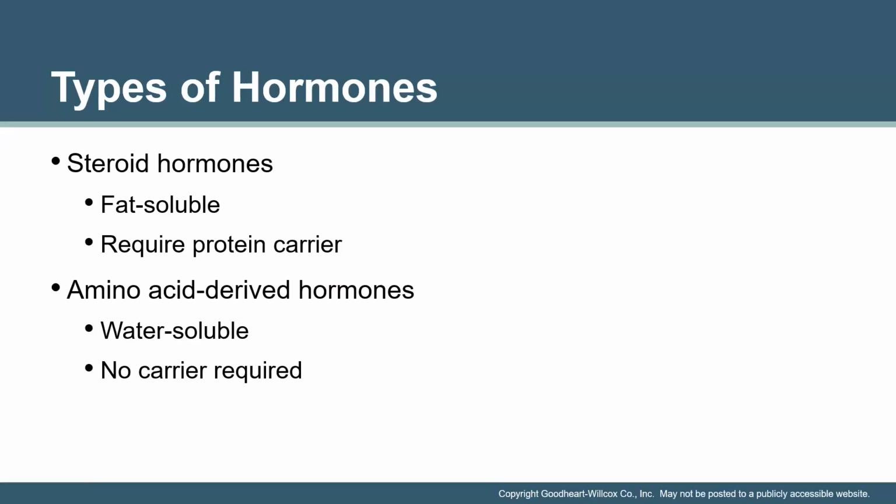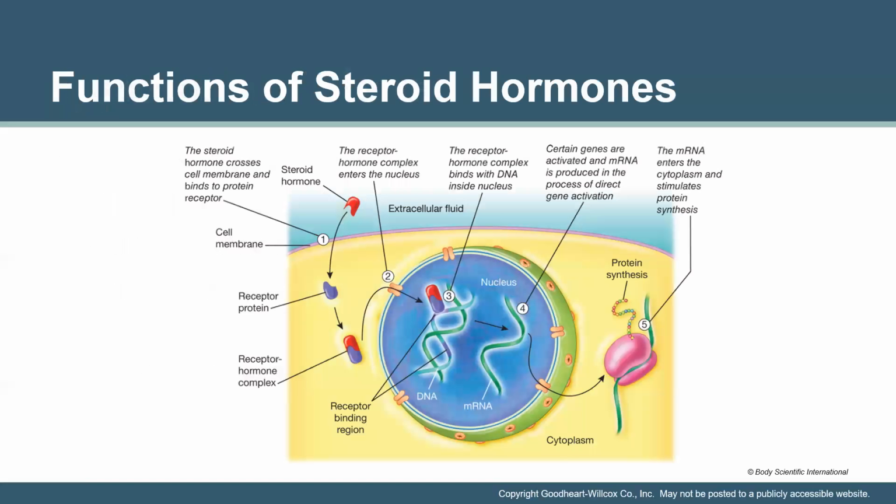The structure of a hormone will also determine whether it will bind with a receptor on or inside the cell. So the structure is hugely important, as we're seeing, not only for transport, but delivery from outside of a cell to inside of a cell.